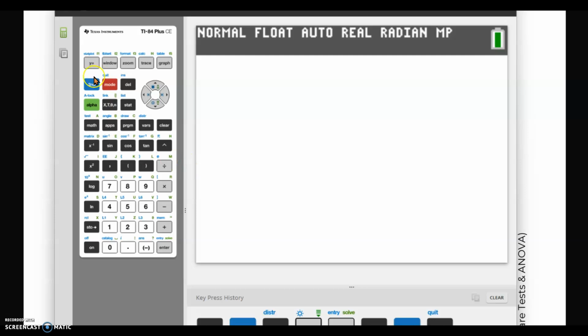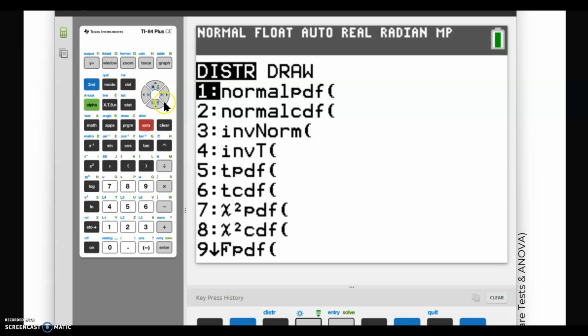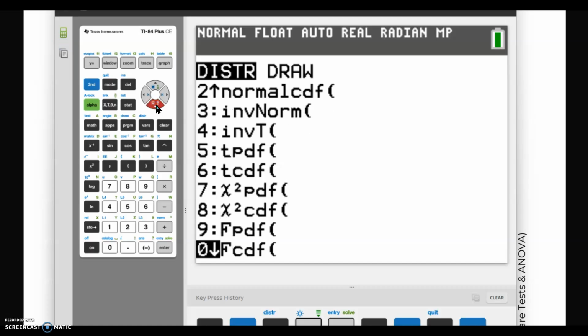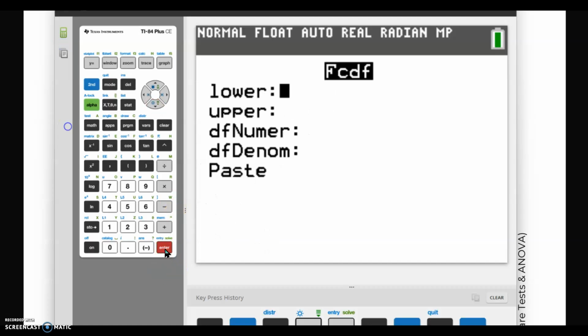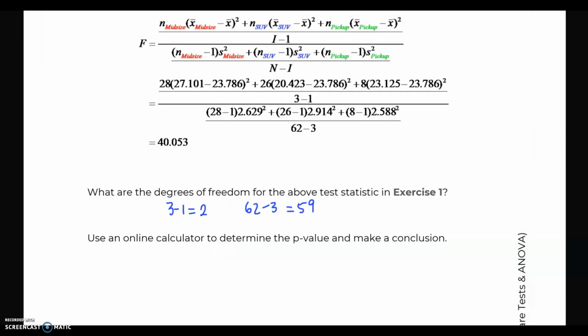Next, we're going to calculate the p-value based on our test statistic. So here we go. We're going to go second vars in order to go to the distributions. We are going to the FCDF over here. Our lower value was 40.053.